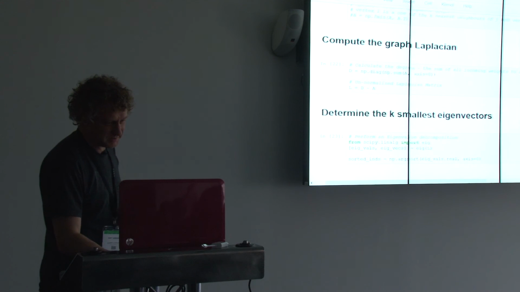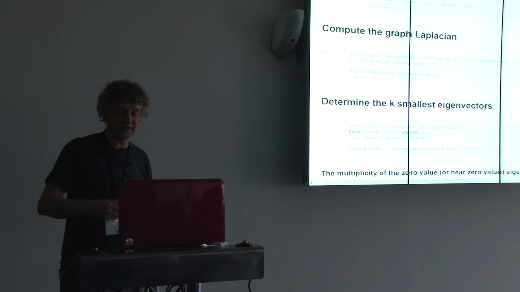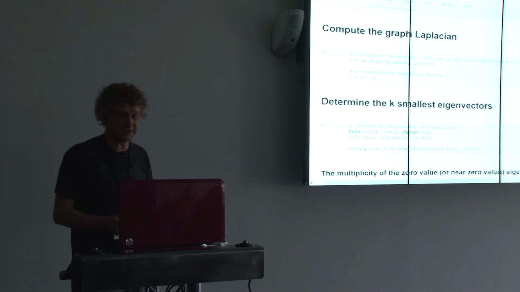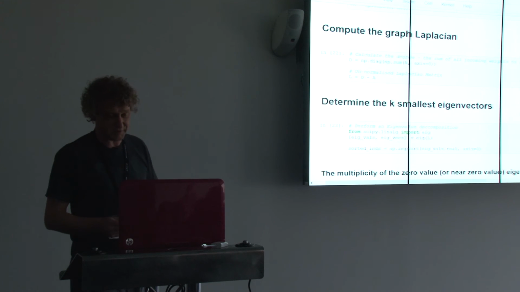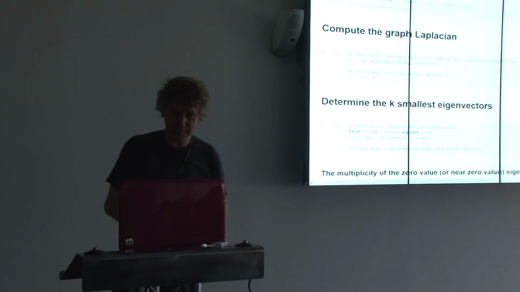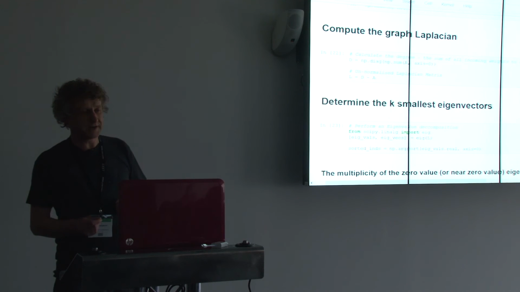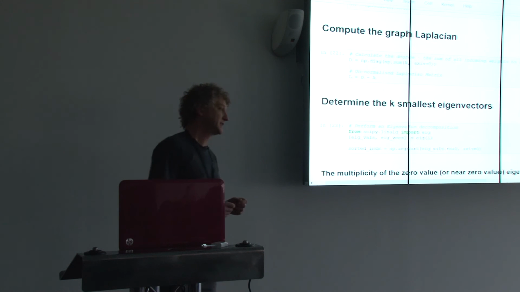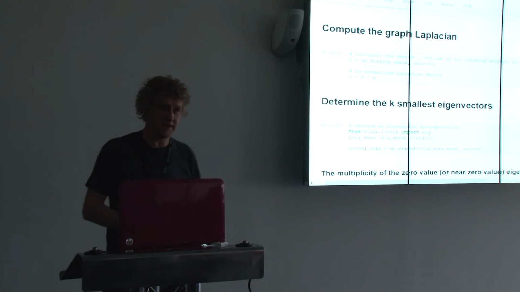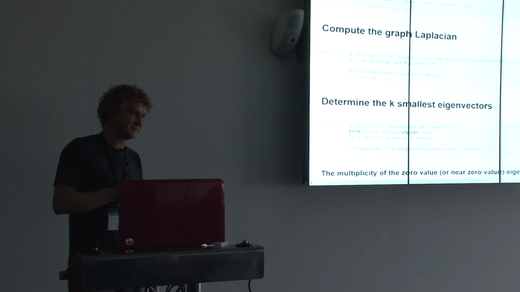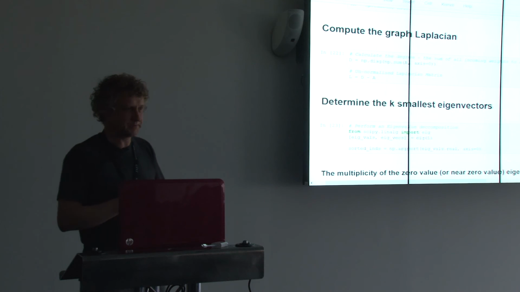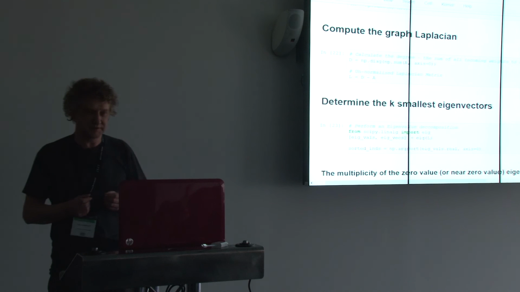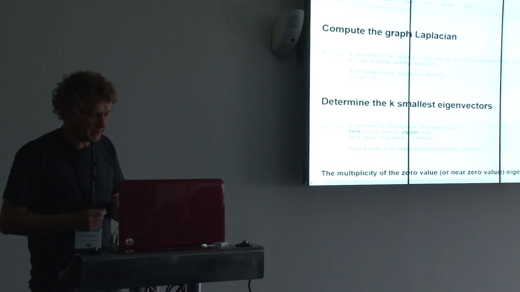So from the similarity matrix, we construct the graph Laplacian, and the graph Laplacian is formed by calculating the degree. The degree is basically the sum of all of the weights coming into a node, so basically the nearness to its neighbours.